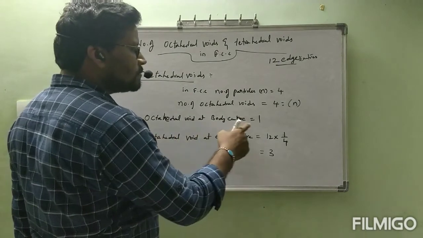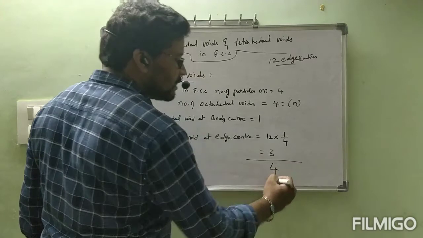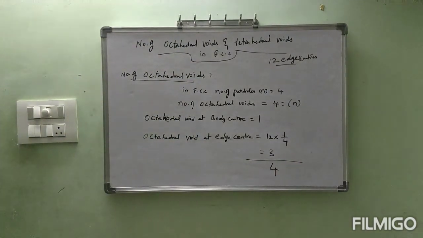See, octahedral void at body center is equal to 1, octahedral void at edge center is equal to 3, total number of octahedral voids is equal to 4. Total number of octahedral voids equal to 4.